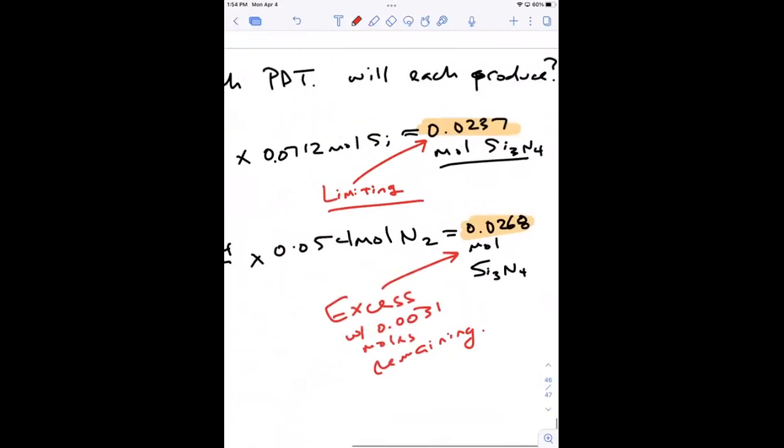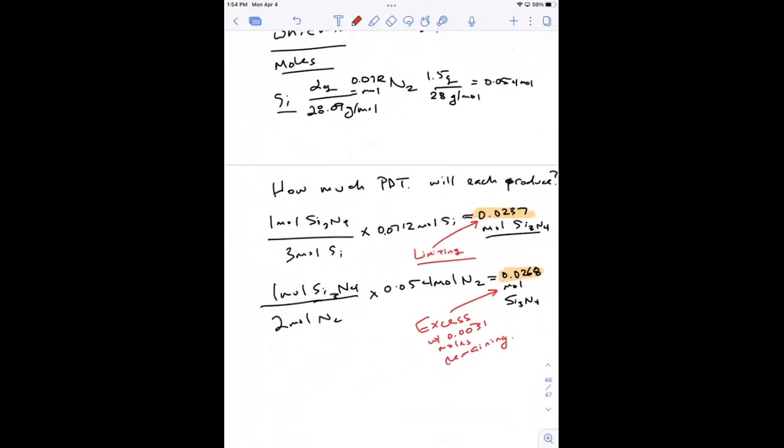Right, all I'm doing to find out how much excess is just subtracting out what's limiting from the other one. So 0.0268 minus 0.0237 is going to give me 0.0031. All right, any questions about that, about limiting reactants, about anything we've done so far?